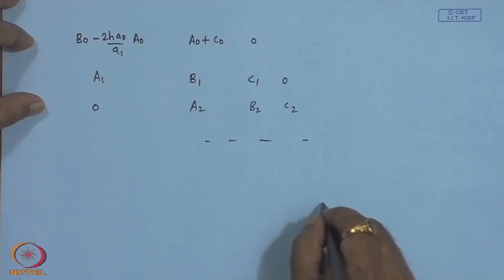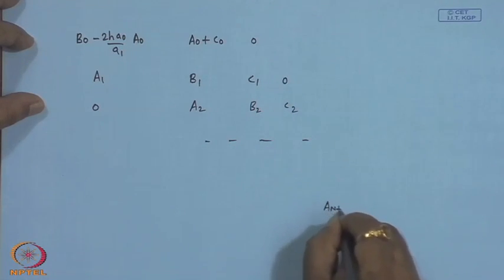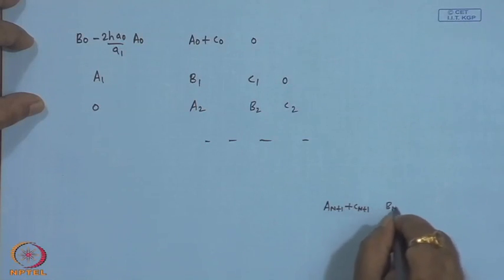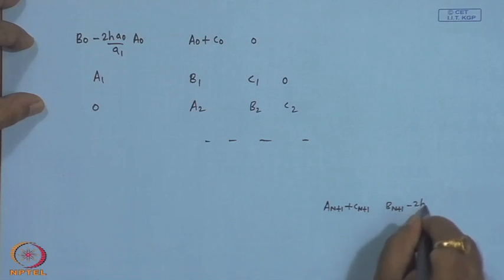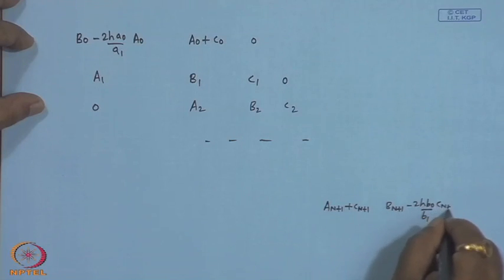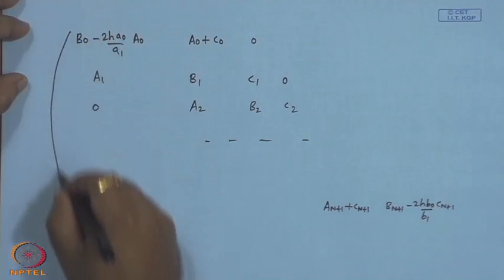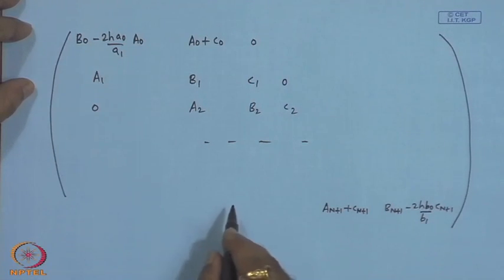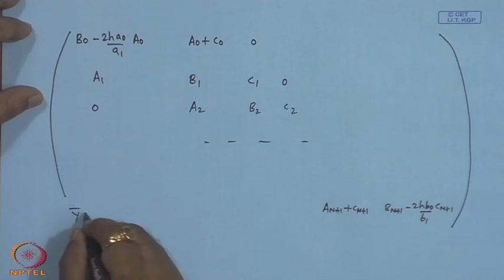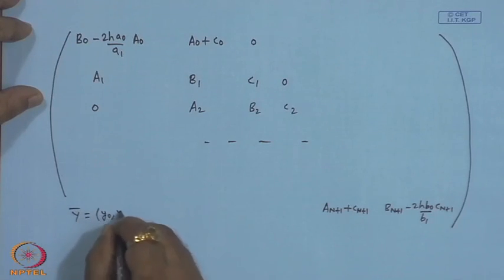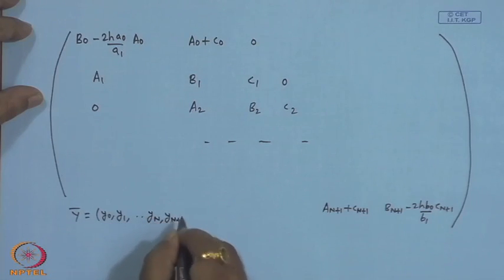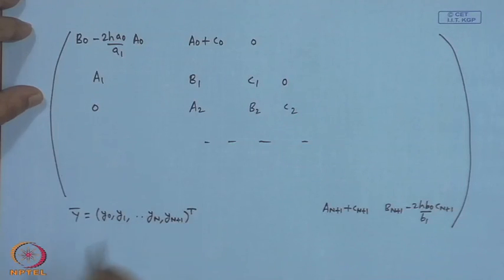Here we get this big matrix, with n plus 2 unknowns.